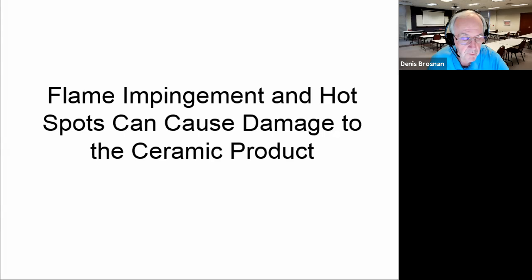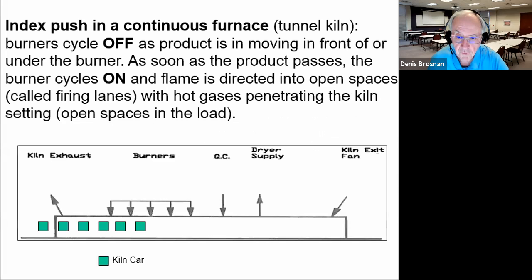So in intermittent kilns or periodic kilns, we typically will cause a swirl around the product to take place by placing the burners to encourage swirling around the load that's in the furnace. And in tunnel kilns or ovens, we might do what's called an index push. So I told you I wasn't a very good artist, right?